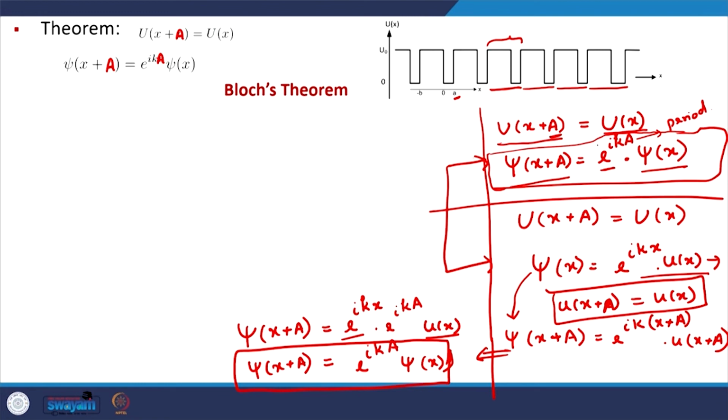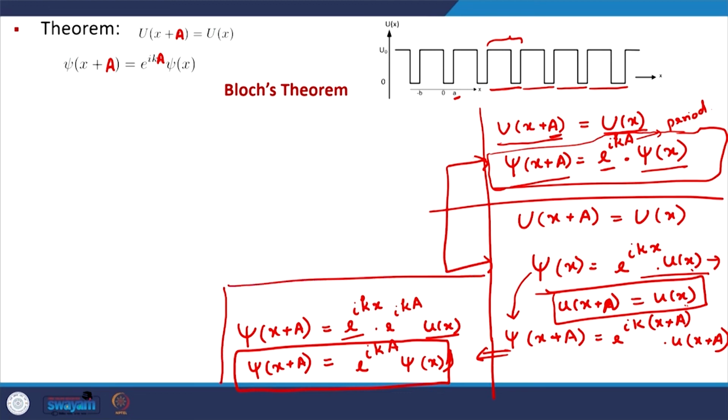In a periodic potential profile, the wave function of the system satisfies ψ(x+a) equals exponential i k a times ψ(x), or ψ(x) can be written as exponential i k x times u(x), where u(x) is a periodic function, which means u(x+a) is the same as u(x). Okay. So, these are two equivalent statements of Bloch's theorem.